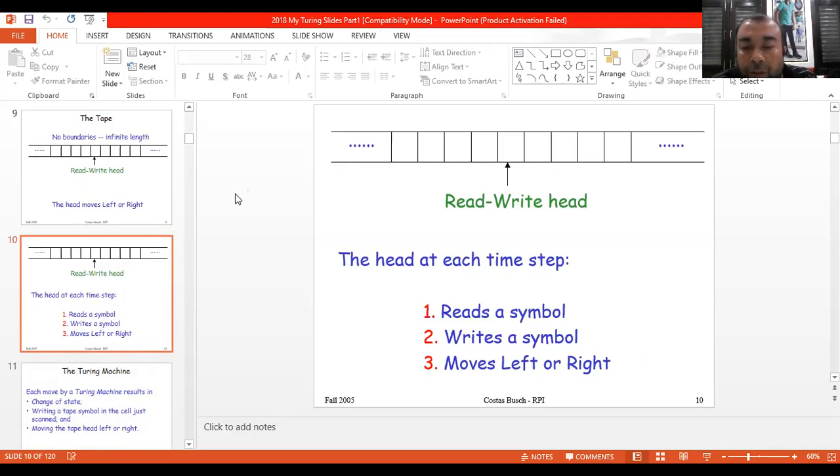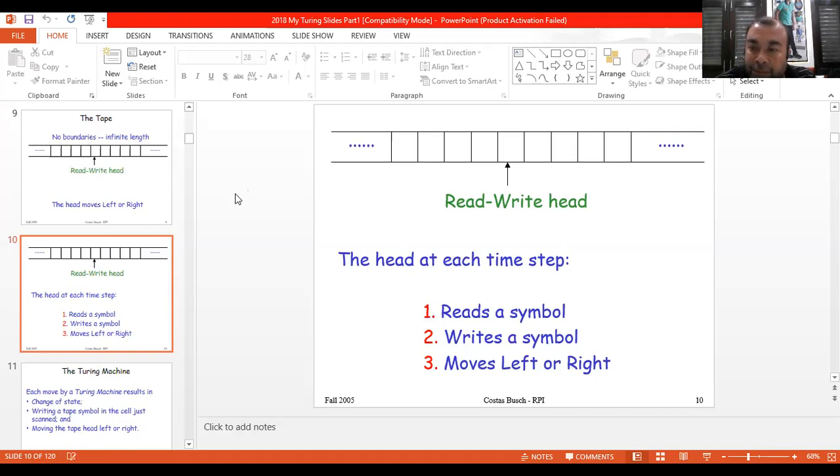So on this slide number 10, at each time step the head reads the symbol that has been written on the tape, to which the head is currently pointing.